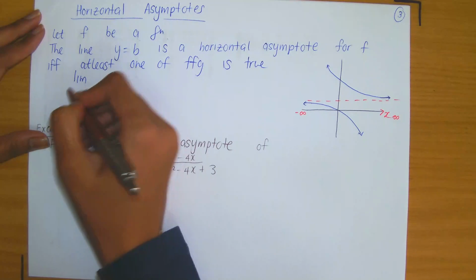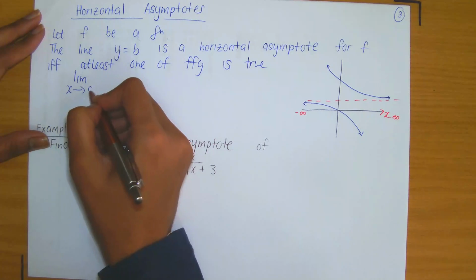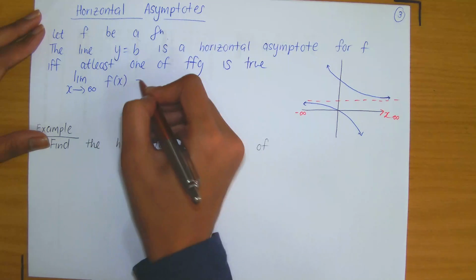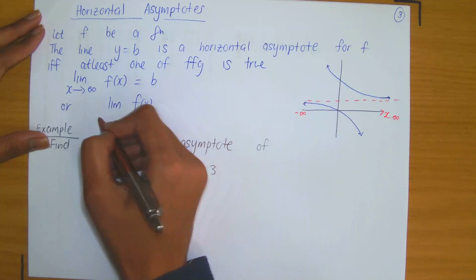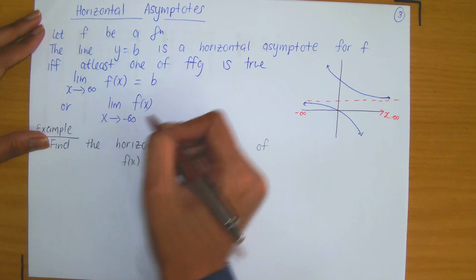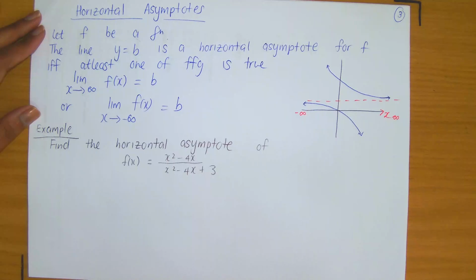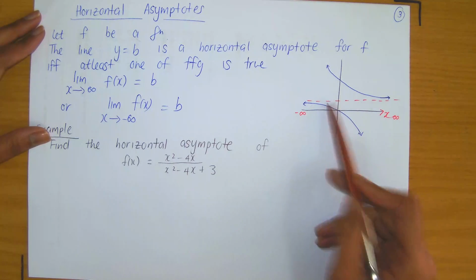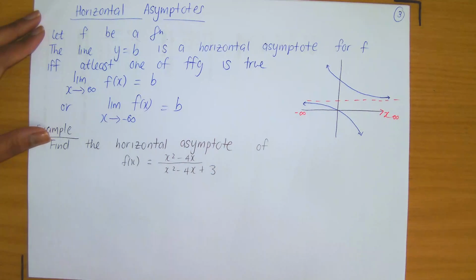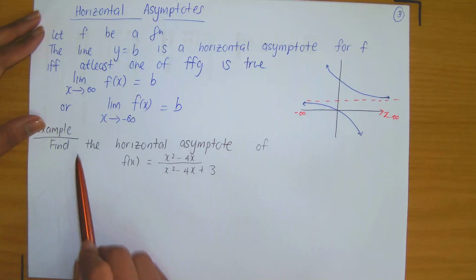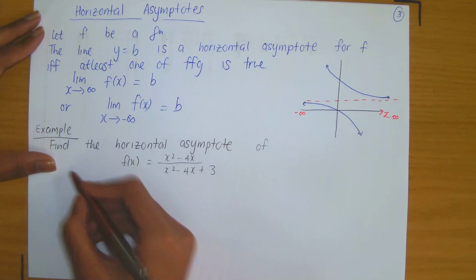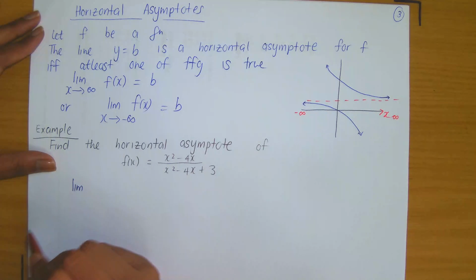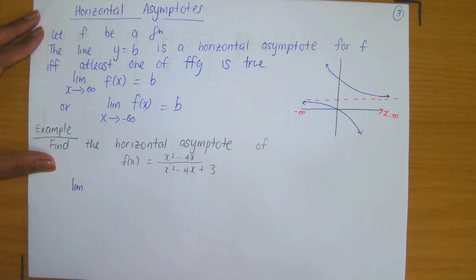We have that the limit as x approaches positive infinity of your function f of x is equal to b, or if the limit of f of x as x approaches negative infinity is equal to b. Right, so that's the criteria, and observe that certainly these two criteria were satisfied in that graphical example. So let's find the horizontal asymptotes for this function. All it amounts to doing is evaluating the limit as x approaches positive or negative infinity of this function.